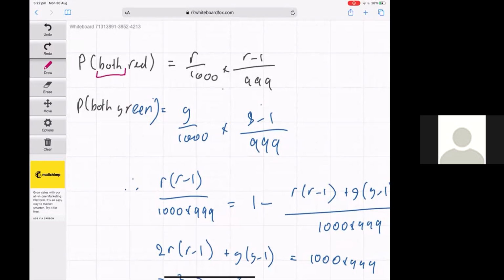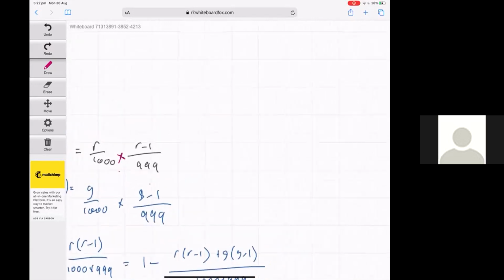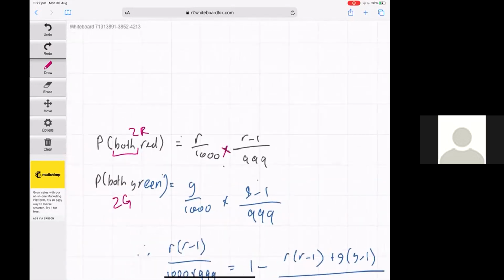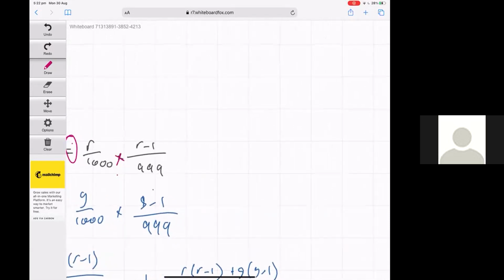So this is basically 2 red and this is basically 2 green, right? The difference between what you've done and what I've done is, maybe this is just completely correct, but I'll think out loud and we'll think about it together.